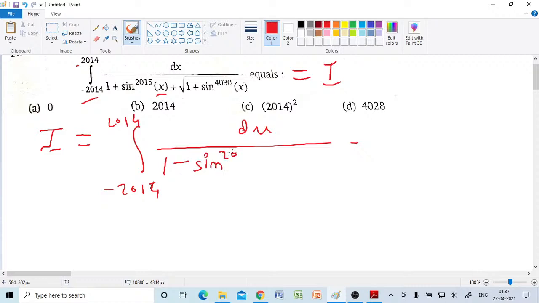sine 2015 x plus root over 1 plus sine 4030 x, since 4030 is even, so the sign will not change in this case.